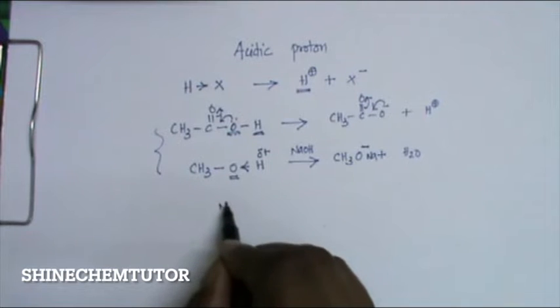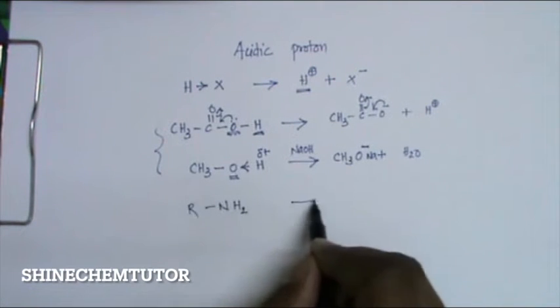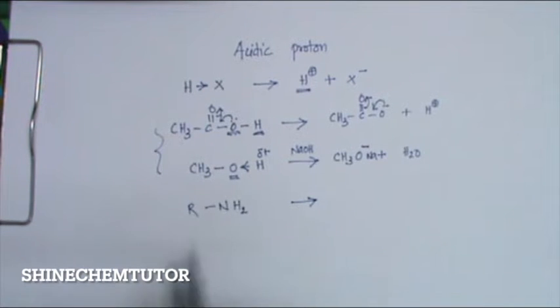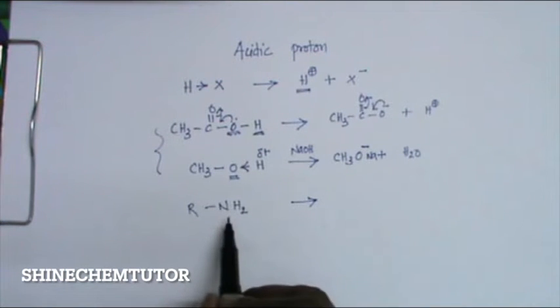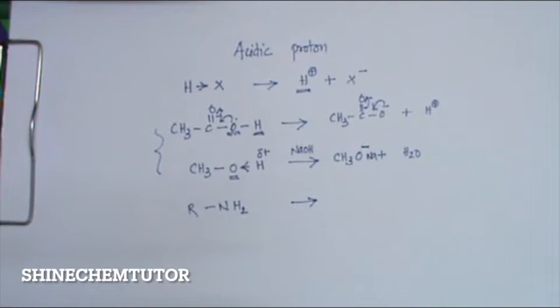Similarly, when I go for amine, this hydrogen is acidic, but compared to this is less acidic, because here we have only inductive effect. Compared to oxygen, nitrogen is less electronegative. So because of that, del plus on hydrogen is less.